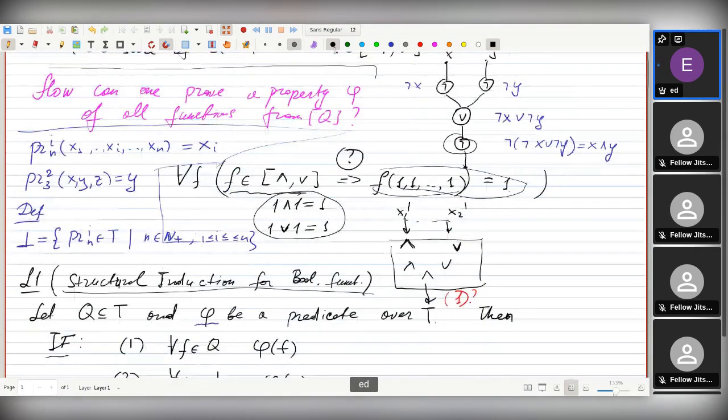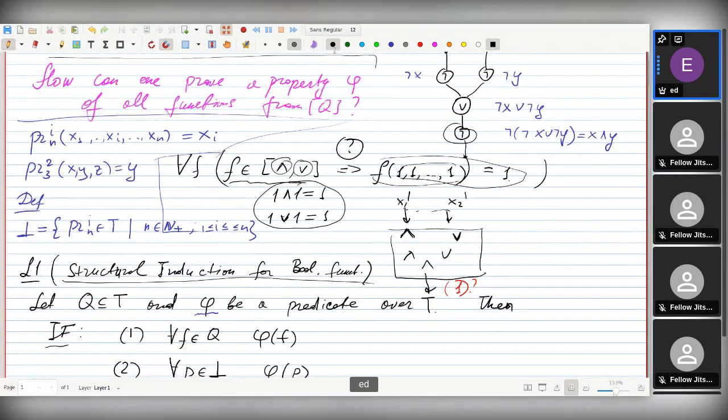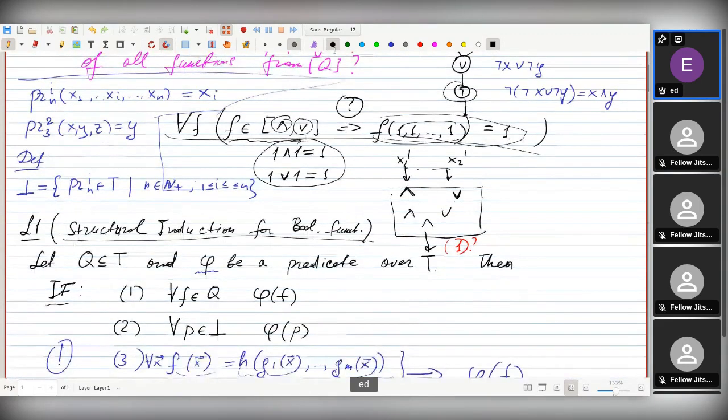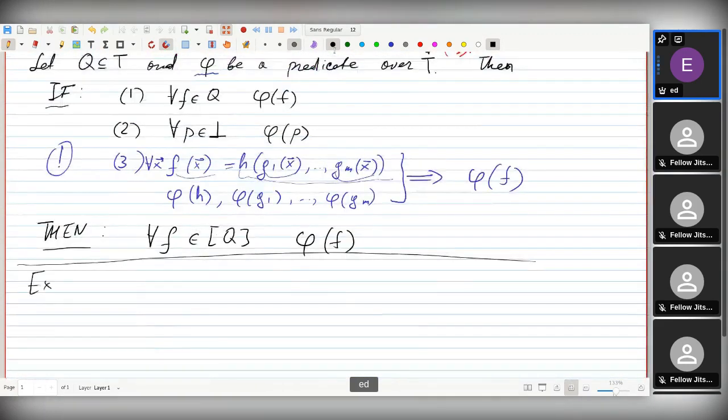So I'll prove that every function which belongs to this set preserves unity. That is, I want to prove this statement using our lemma. As an example, for each f, I can make my statement even stronger. I can also allow for implication here.